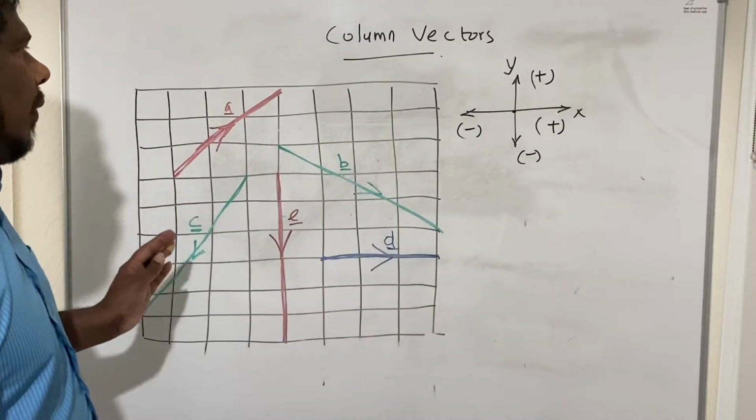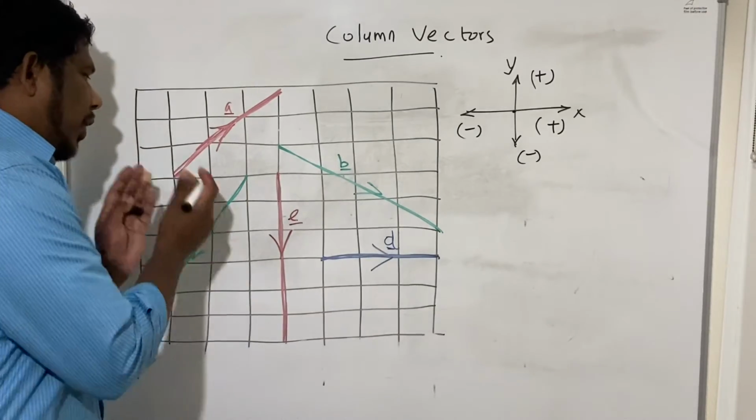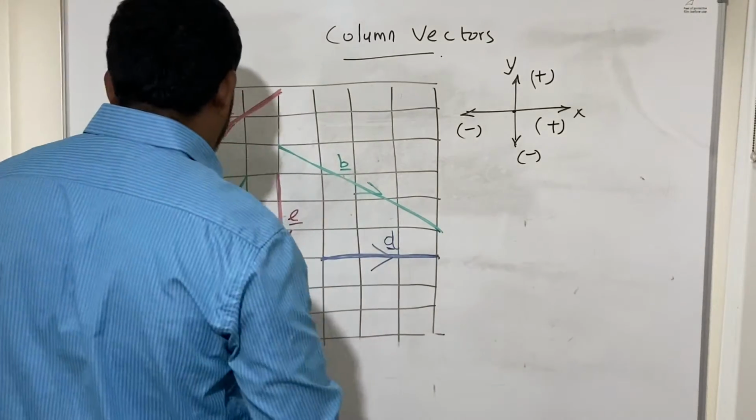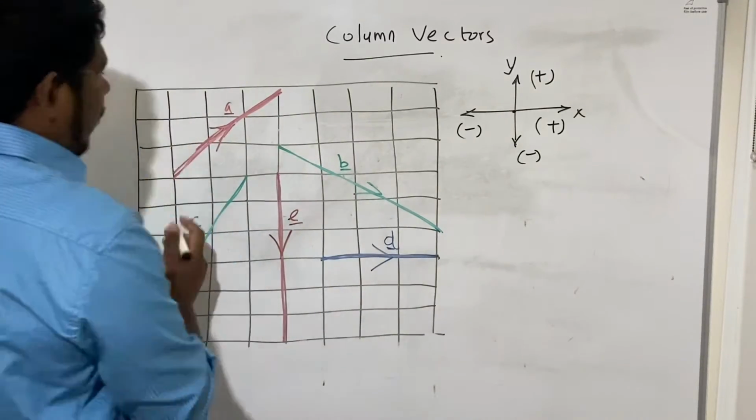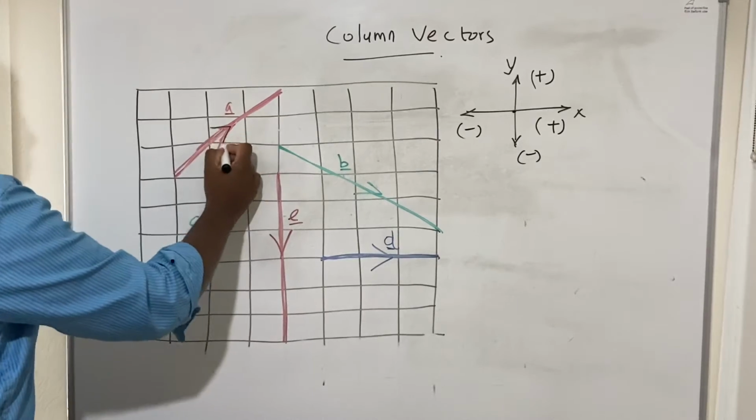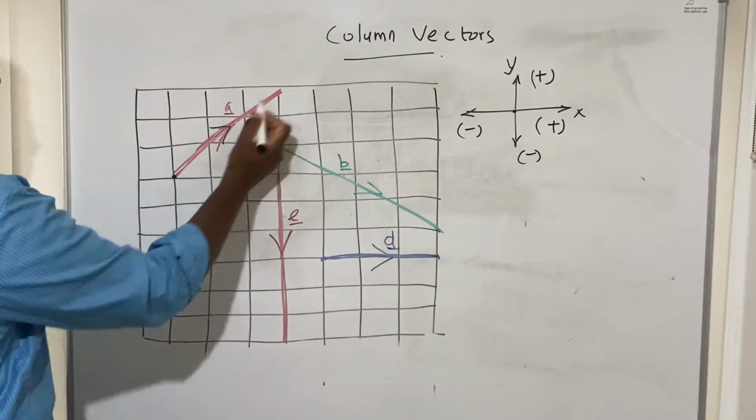So the same method we're going to use here. We're going to count how many units it's moving. We have a direction, so this is going this way. So we know this is the starting point, this is the end point.